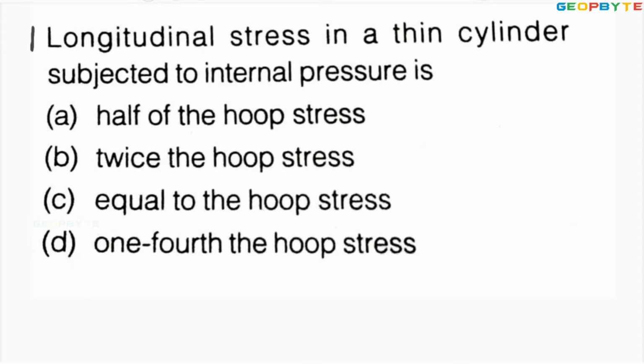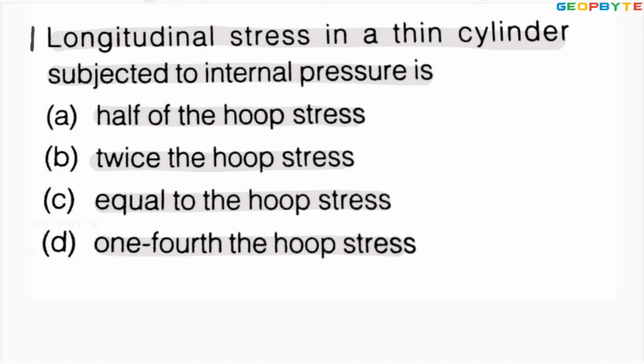The longitudinal stress in a thin cylinder subjected to internal pressure is: option A, half of the hoop stress; option B, twice the hoop stress; option C, equal to the hoop stress; and option D, 1/4 of the hoop stress.